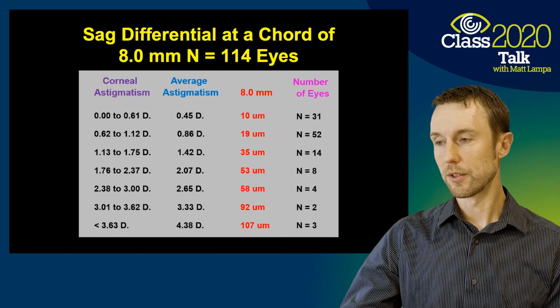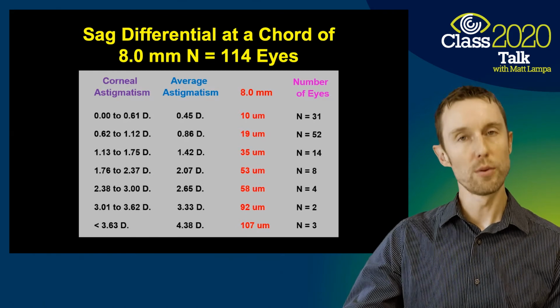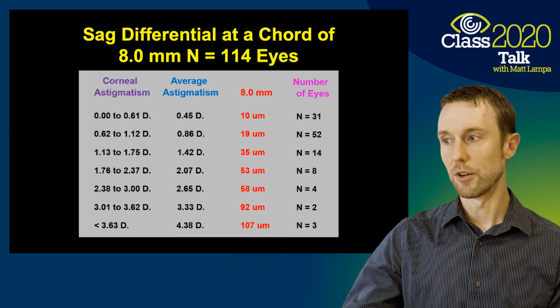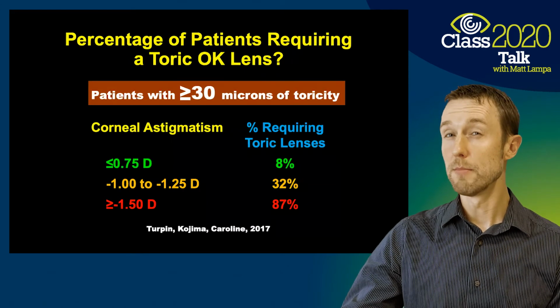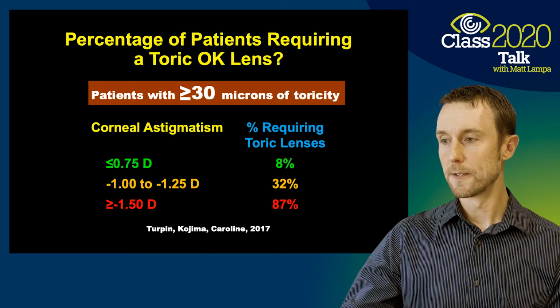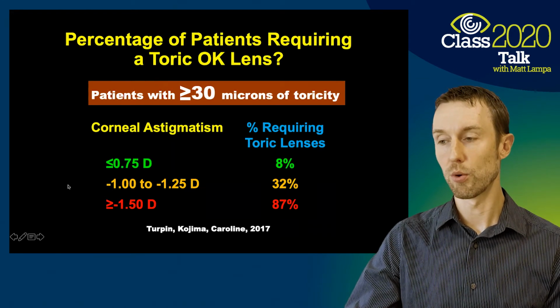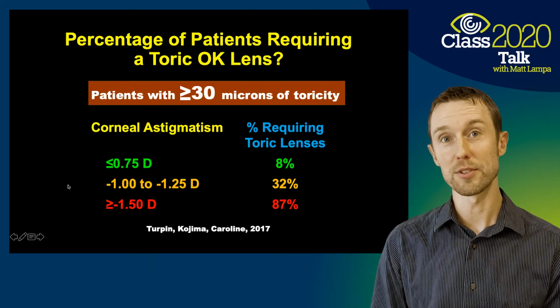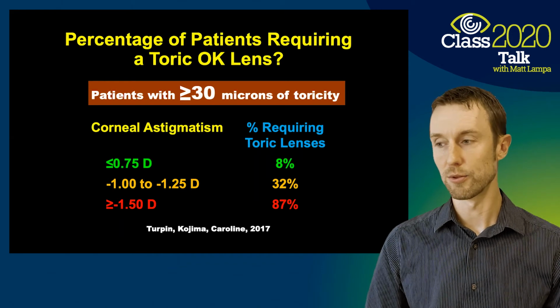And as you start to see here, as the astigmatism value goes up, so does the sagittal height differential. But what I think is probably the most surprising to us in this study from Dr. Turpin is, in terms of corneal astigmatism, those that had 3/4 or less, there's actually 8%, which is a surprising number of people that have 30 microns or more.